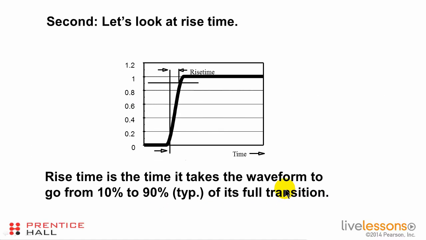Now, second, let's look at rise time. Here is a waveform. It's going from 0 to 1, or from 0% to 100%. And rise time is typically defined as the length of time it takes to go from the 10% point to the 90% point on the change of waveform. Now, you might ask, why don't we use 0 to 100? Well, this is called the roll-on characteristic.